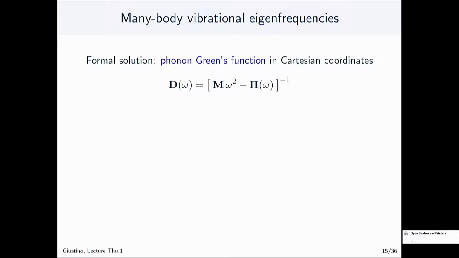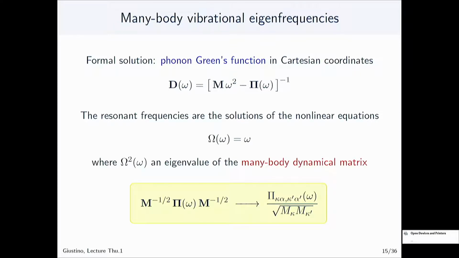The easy way to proceed is to essentially diagonalize this self-energy matrix and then look at the zeros via the eigenvalues. So what people can do is the following. I try to diagonalize this matrix. I find some eigenvalues, but the eigenvalues depend parametrically on the frequency. So what I need to do to find the resonances is to solve a nonlinear equation, with the eigenvalue depending parametrically on the frequency equal to the frequency.